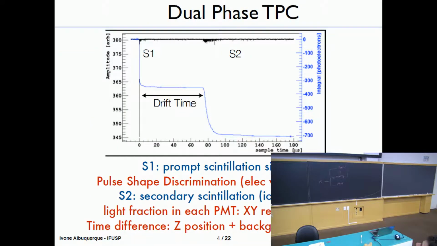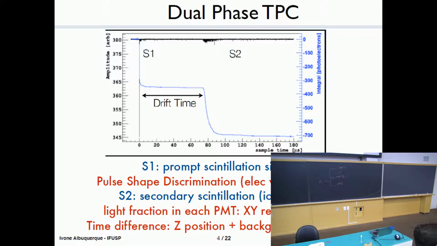So the interesting thing is that with this prompt light, we can use pulse shape discrimination, which allows us to discriminate electron recoils versus nuclear recoils, and I will explain this in a bit. And the difference in time of the S1 and the S2 signals will allow us to determine the Z position in the detector, and that also helps in the background rejection.